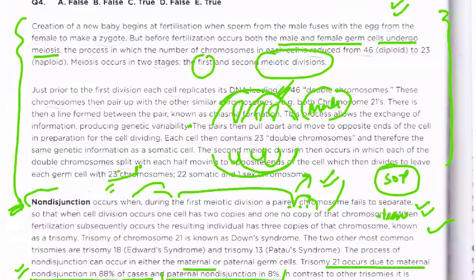Translocation, a very important point they have told in these lines for your exam questions. What is translocation? This part of the chromosome is translocated here, and its part has come here. So there is no gain, no loss.